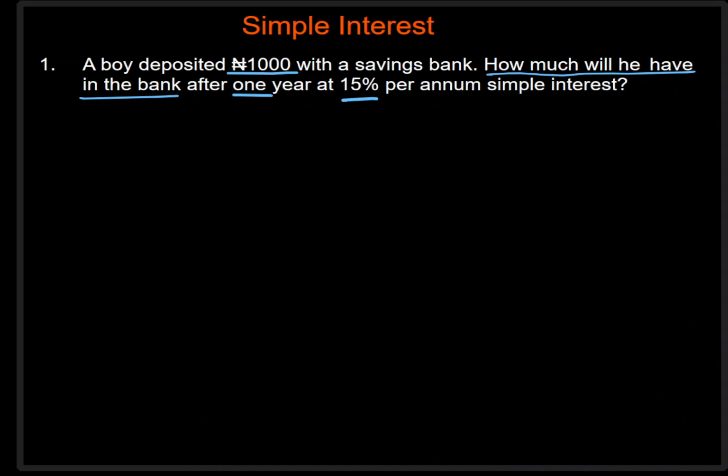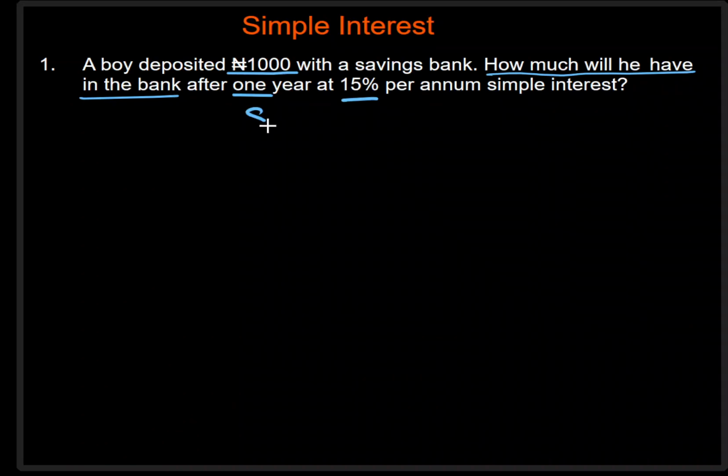What he's going to have in the bank after the 1 year is going to be both the principal and the simple interest. That will give the total of what he's going to have in the bank, where he will now decide if he wants to take out the interest or if he will allow it to stay. So that is what we are going to be looking at.